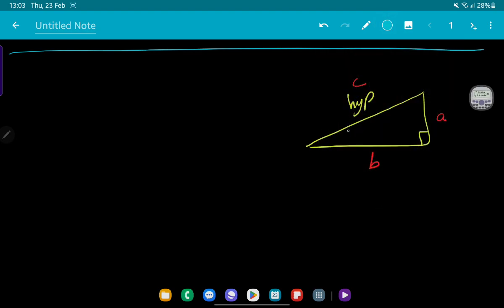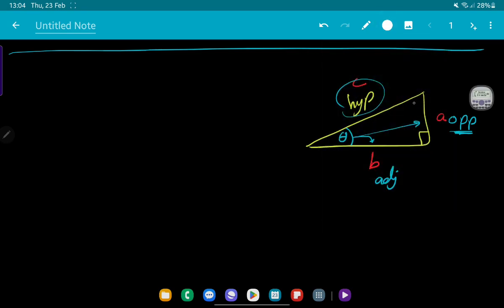If we have angle theta, can you see that this is opposite to theta, and this one is adjacent to theta? So the hypotenuse doesn't change, but A is opposite to theta, B is adjacent to theta.